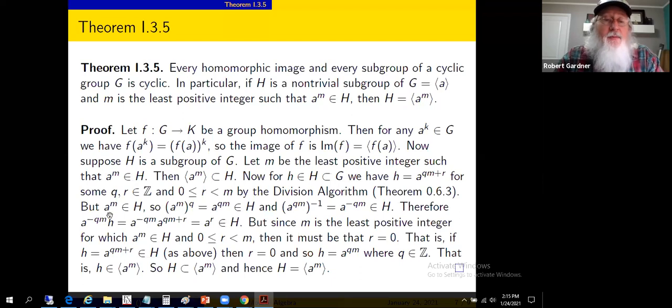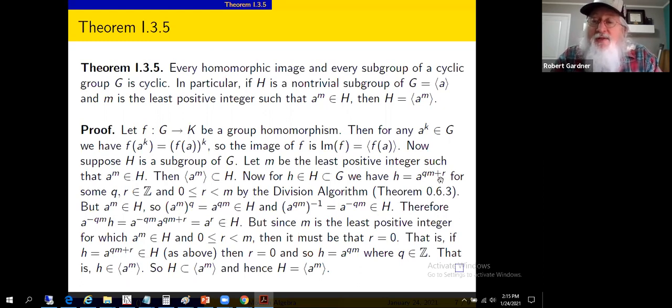Now, we know A to the M is in H. So we know A to the M to the Q power is in H. Remember, all powers of A to the M are in H. If A to the QM is in H, then its inverse is in H because H is a group. So A to the negative QM is in H. So here's what we've got.